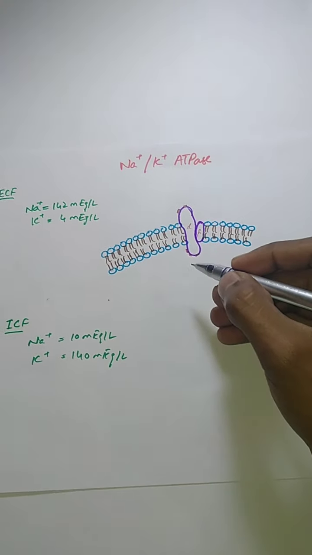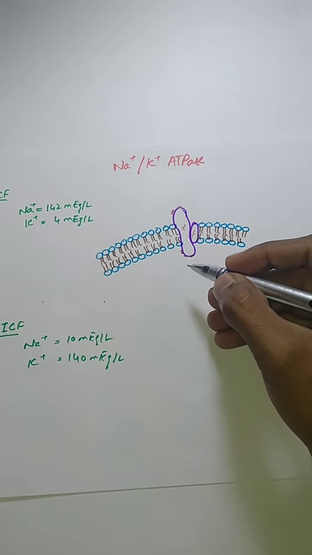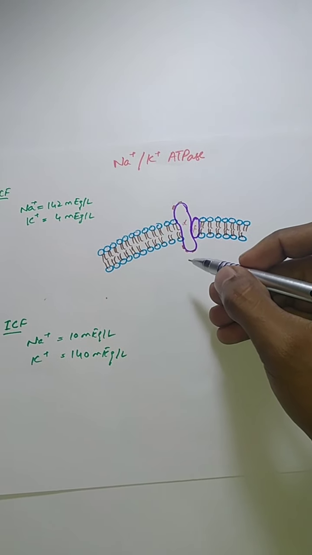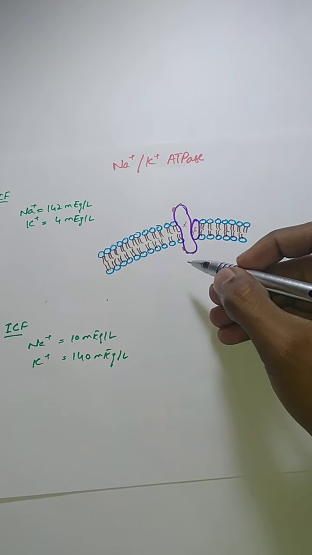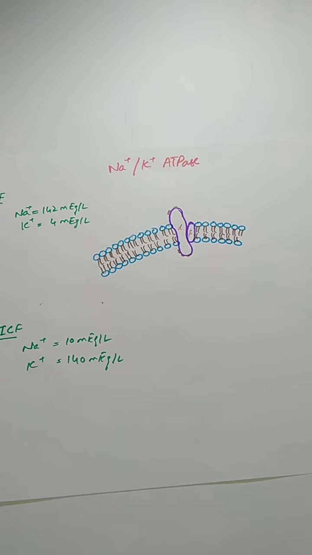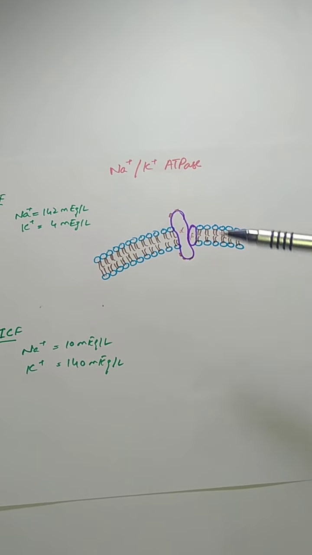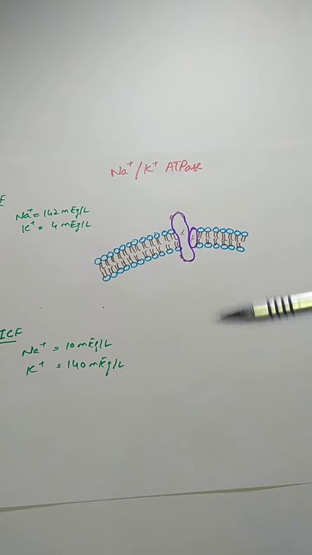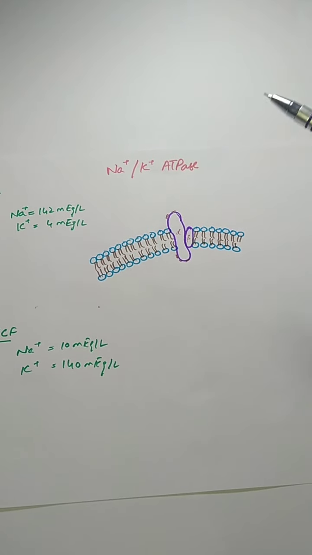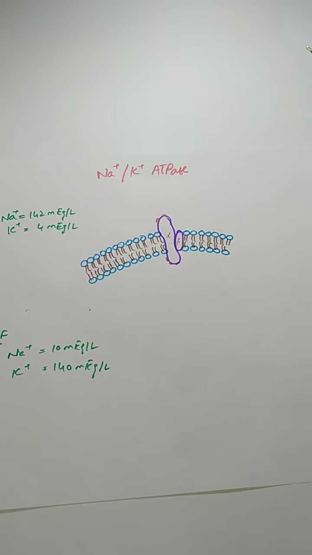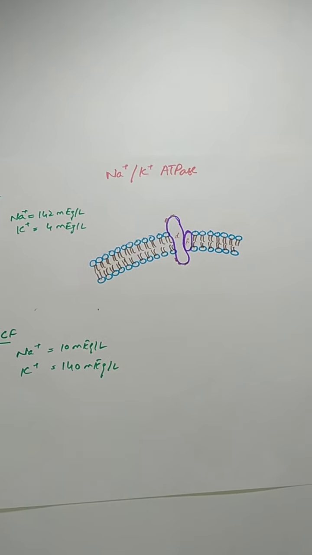Hey guys, in this video we are gonna talk about sodium potassium ATPase. Now, the sodium potassium ATPases are integral membrane proteins or pumps that pump potassium ions and sodium ions against their respective concentration gradients.